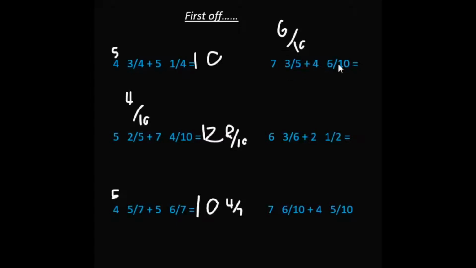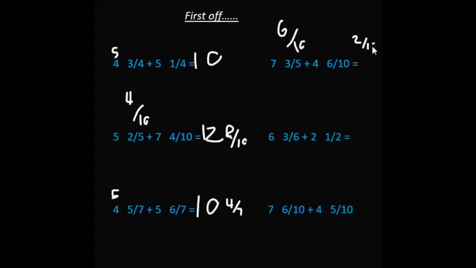So 6/10 plus 6/10 equals 12/10, which is basically 2/10, and you add 1 whole to the whole numbers.